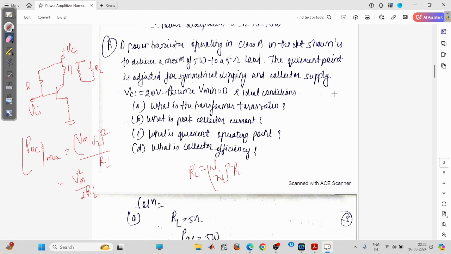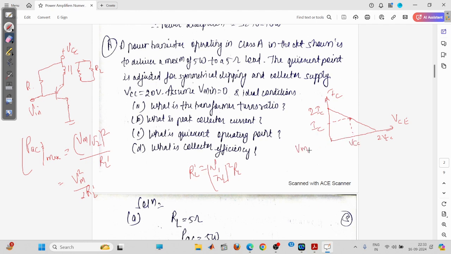Now, how are you going to calculate the Vm value? This is a transformer coupled. So in the transformer coupled, your coordinates will be like this. This is IC and VCE. Maximum voltage will be twice VCC, and this one is twice IC, and the operating point is located at the middle of the DC load line, that is IC, and this is VCC.